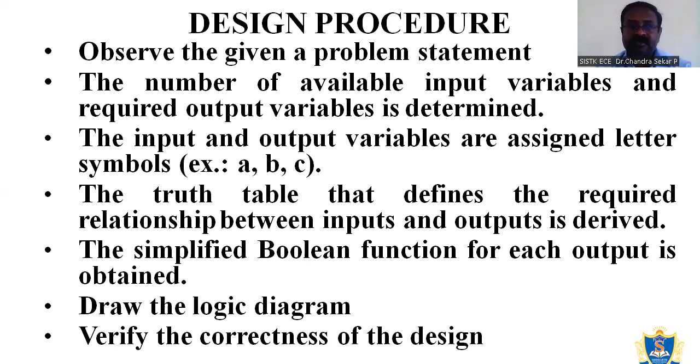Next, from the problem statement, we have to identify the number of input variables and required output variables. Then we have to assign letter symbols to the input and output variables based upon the problem statement.